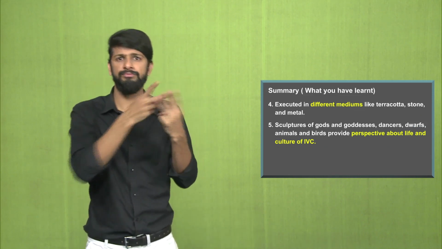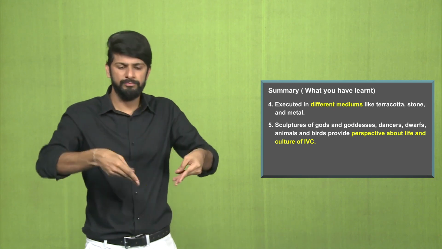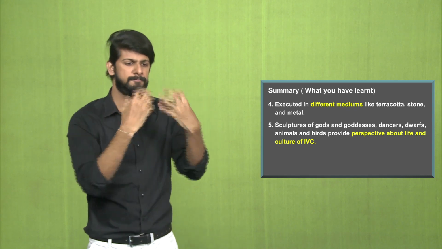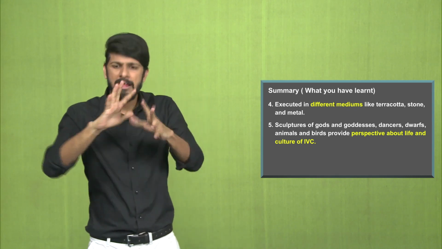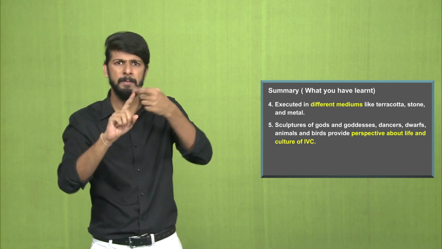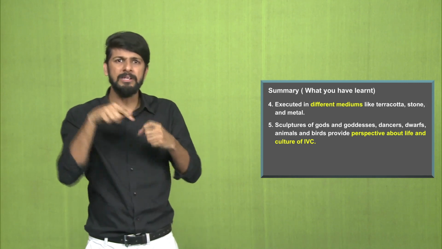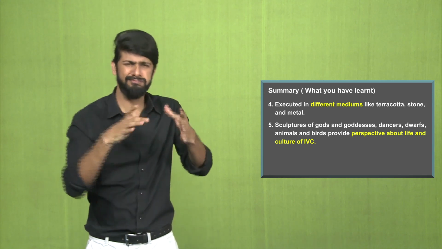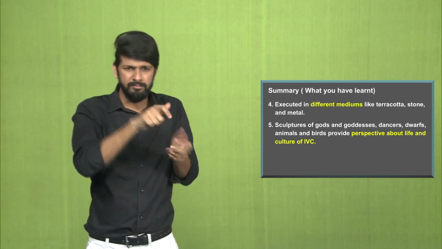The three sculptures which we studied about are all made of different mediums. First, one made of terracotta, one is made of steatite stone, and one is made out of metal using the lost wax process.